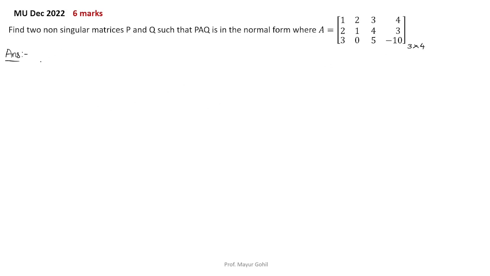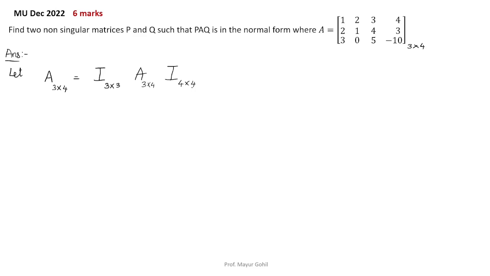Now, a very important thing is that whenever you have a PAQ form question, you must write this statement compulsorily, that is, let A with the order 3 cross 4 is equal to I, the identity matrix of order 3 rows 3, then A, again the matrix A, which is 3 cross 4, if you want to write that, that is okay, and here you must write I 4 cross 4.